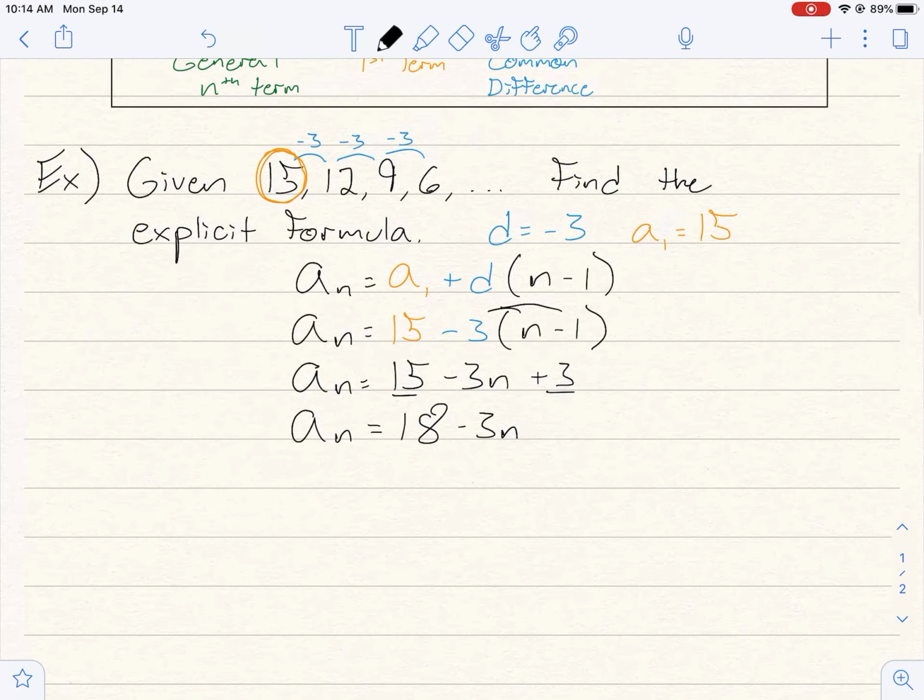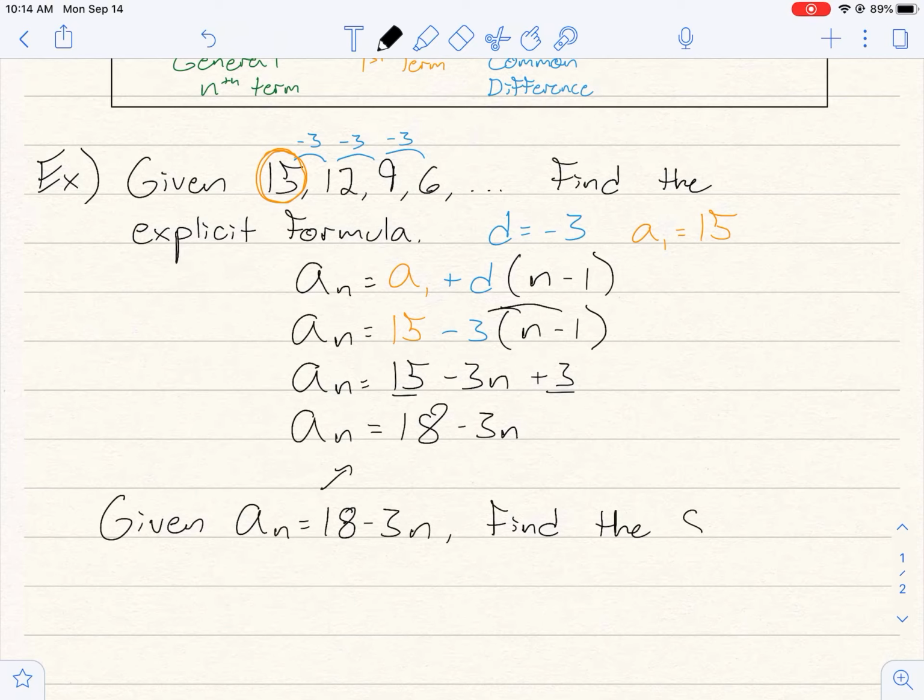Now using that, let's skip a line here. Given our explicit formula, a sub n is equal to 18 minus 3n, so we're just using this one, find the 80th term.